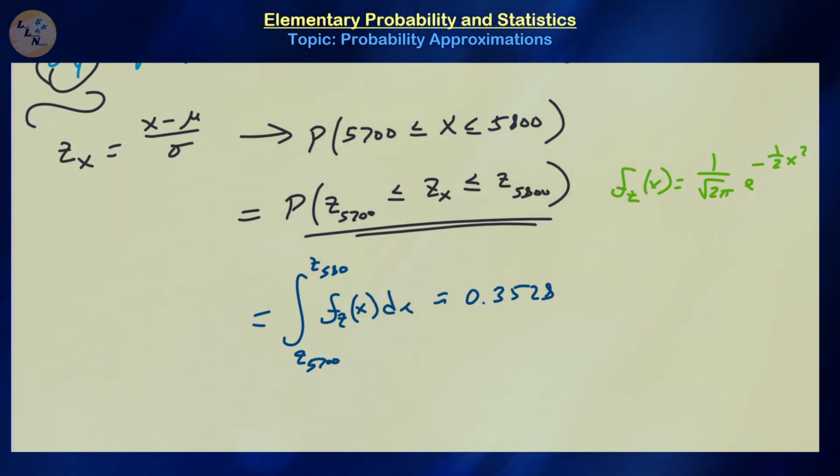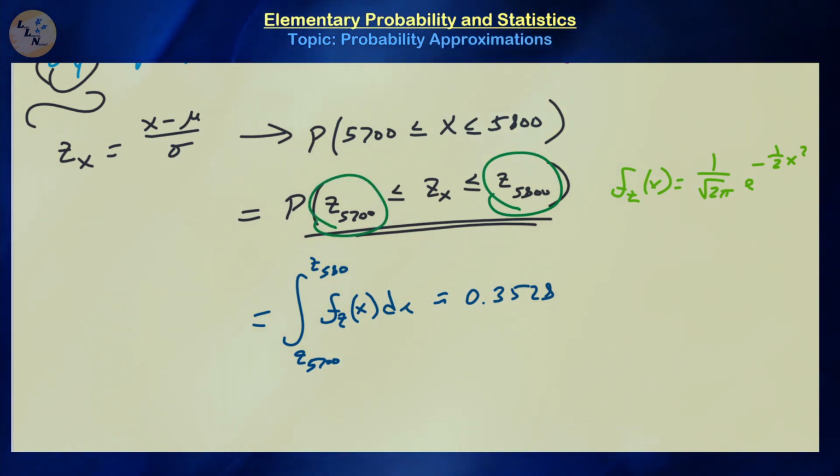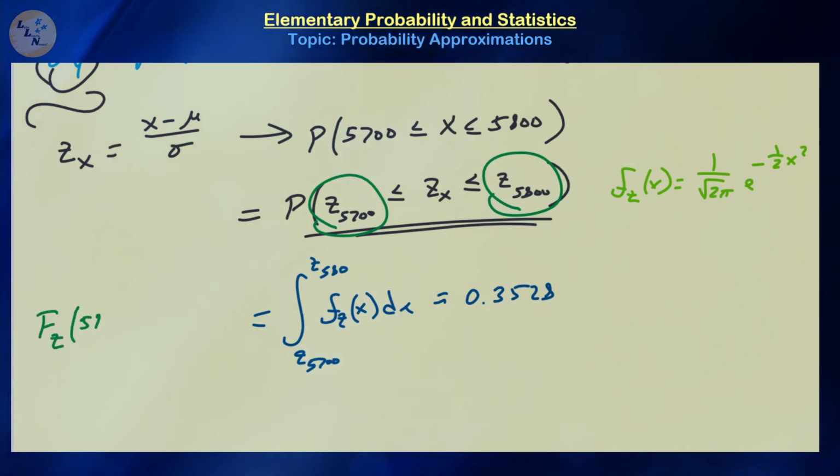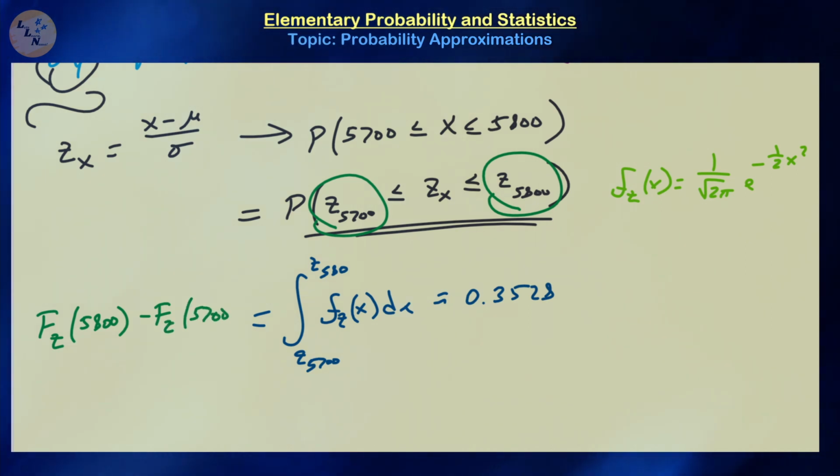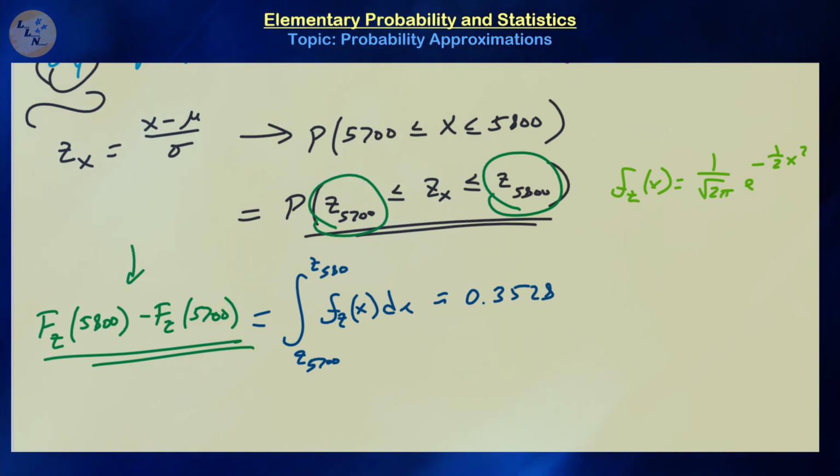Or you can find the cumulative distribution function evaluated at the z-score of 5,800, minus the cumulative distribution function evaluated at the z-score of 5,700. So that's F of z of 5,800 minus F of z of 5,700. You're going to get the exact same answer, but this would be your z-table approach in order to obtain that answer.